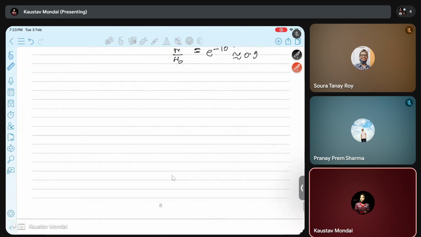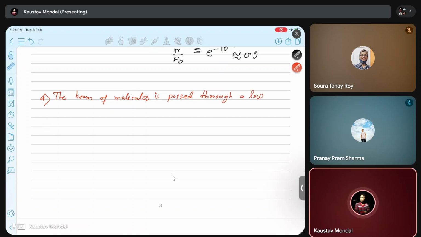Question 4. A beam of molecules is passed through a low pressure gas. Sorry, writing the same question.